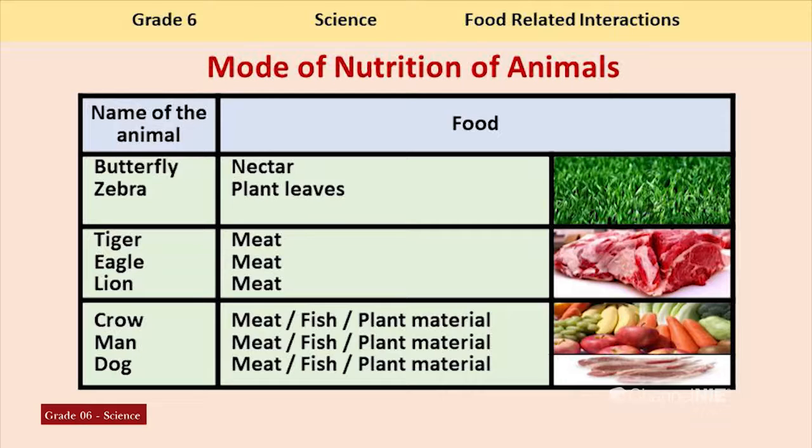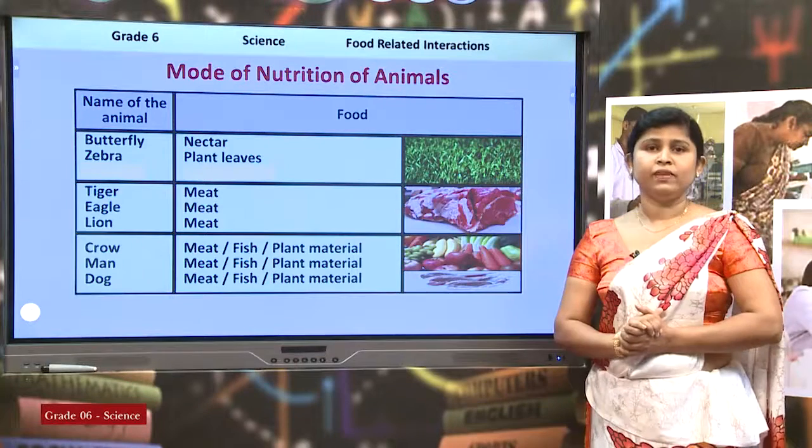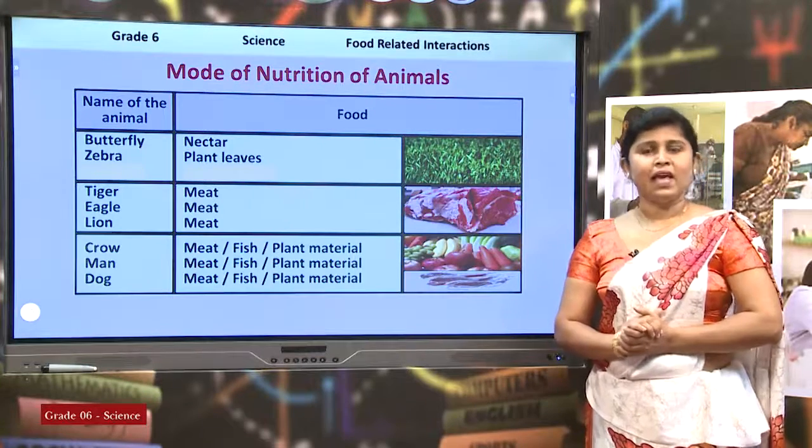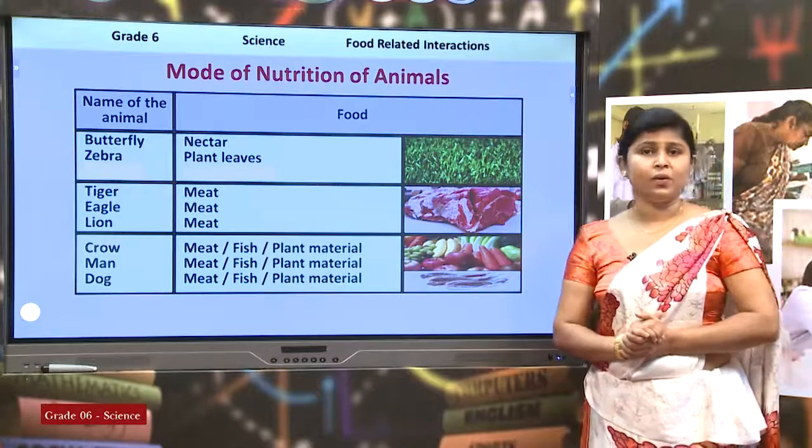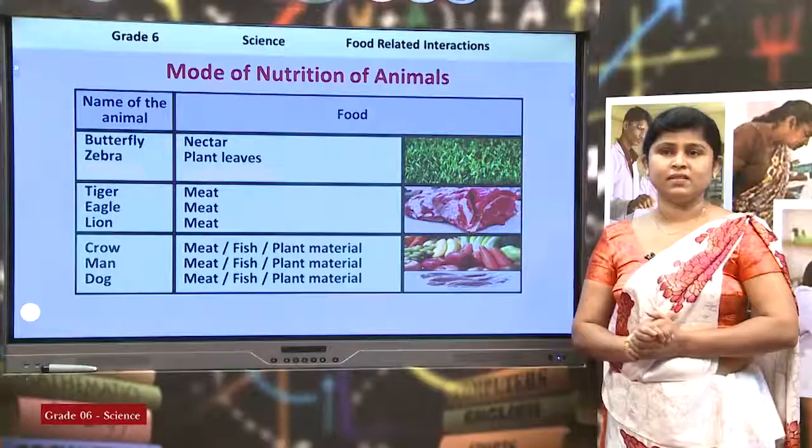You have to understand that the animals in our surrounding can be grouped into three. In science, we give special names for them. Now let's see how we name them. The animals that consume only plant material are called as herbivores, or we call them herbivorous animals.